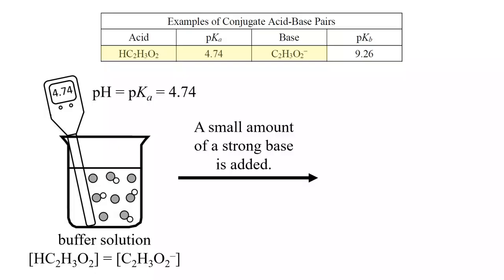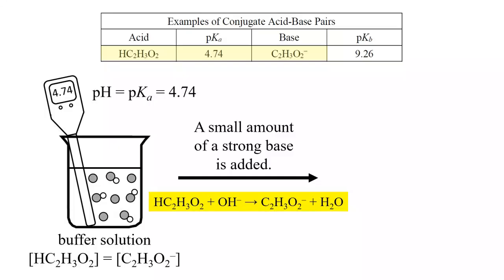So we start over with that buffer solution that contains an equimolar amount of acetic acid and acetate. So the chemical reaction that will take place now is between the hydroxide ions of that strong base and acetic acid. As a result of that chemical reaction between acetic acid and the hydroxide ions, it produces acetate and water.